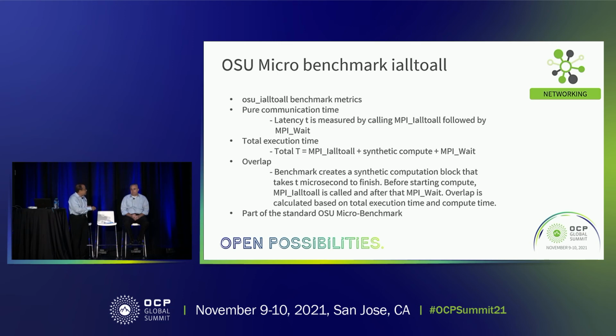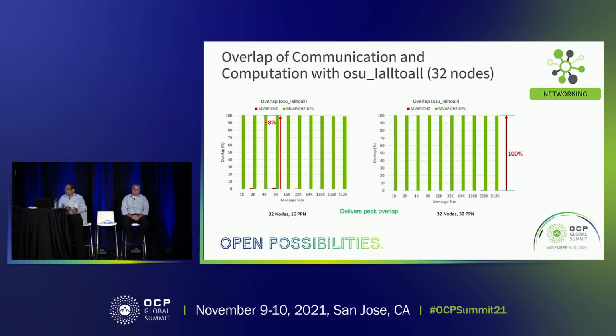But that is not important. The important thing is how much overlap I can get, and then the total execution time when I do communication plus computation, because that is the objective. So, the pure communication latency might be a little slower because the ARM cores are not that fast, it may take a little more work, but the question is if I overlap computation and communication, do I benefit or not?